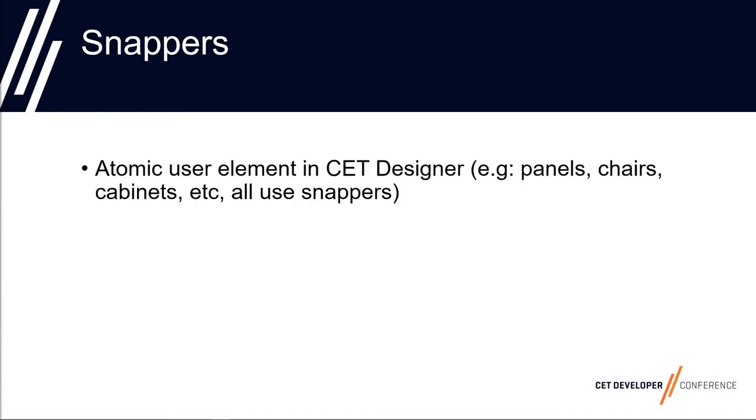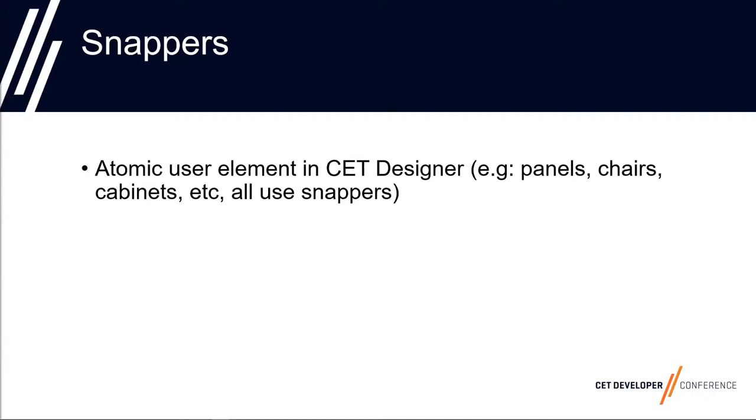So first of all, we have snappers. Everyone's familiar with snappers. They're the base element of CET. They're usually what the user interacts with, right? So when we design a product for an extension, usually we'll start with a snapper, or even if we have a typo product, we'll start with a bunch of snappers and we'll design a hierarchy from there.